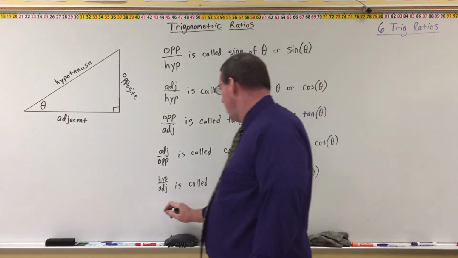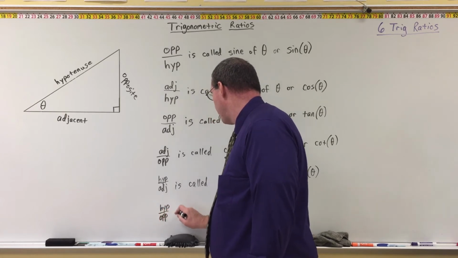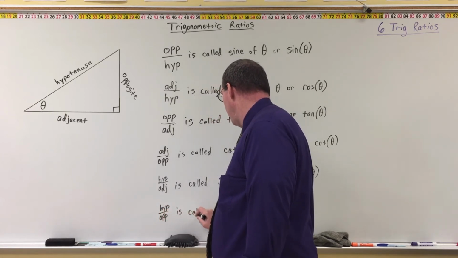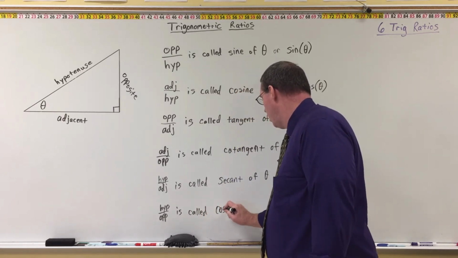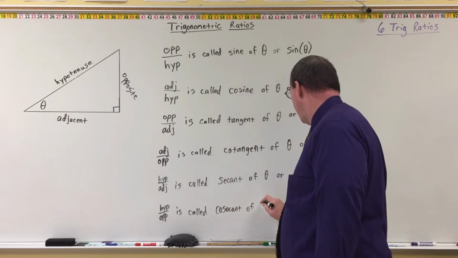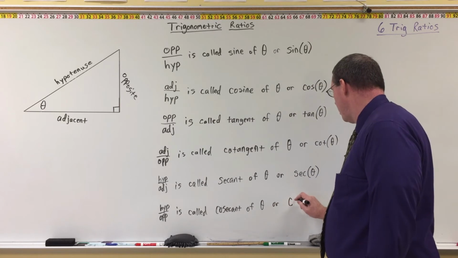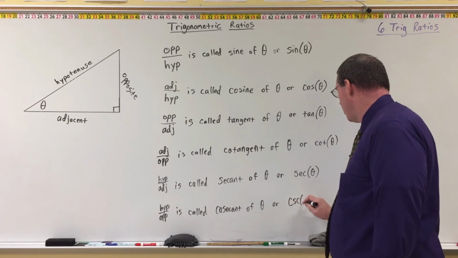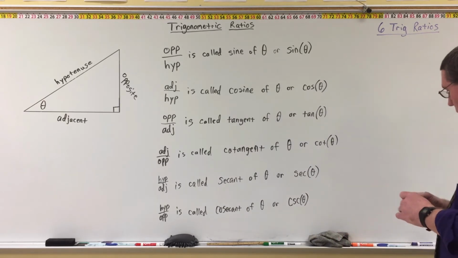And then lastly is going to be hypotenuse over opposite. And hypotenuse over opposite is called the cosecant of theta. Cosecant of theta, or we write it as CSC, cosecant of theta.